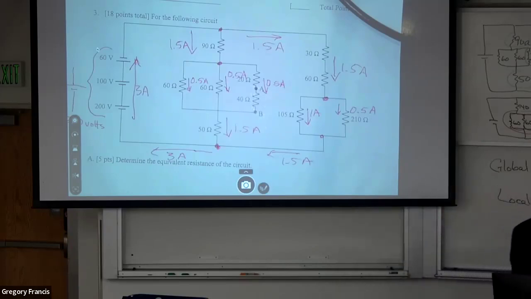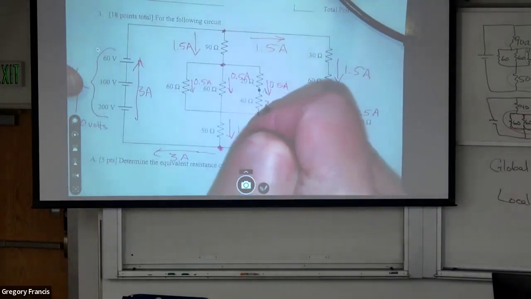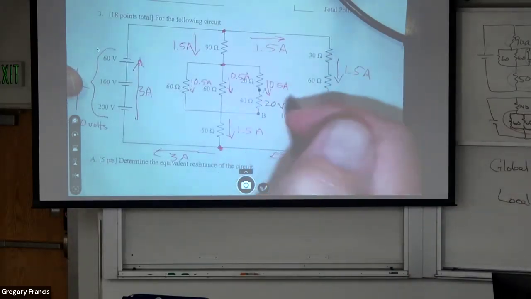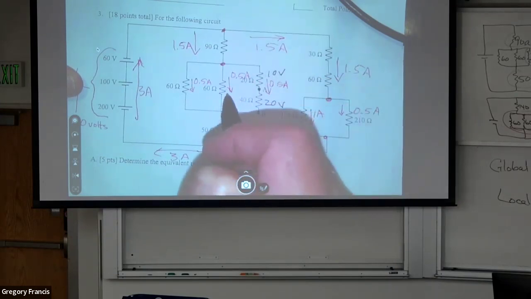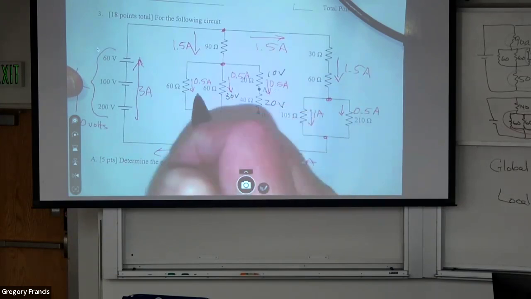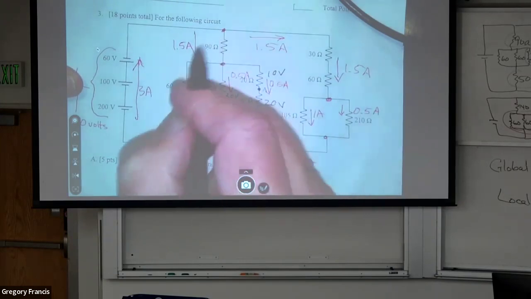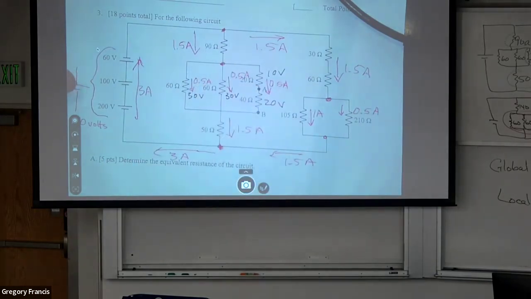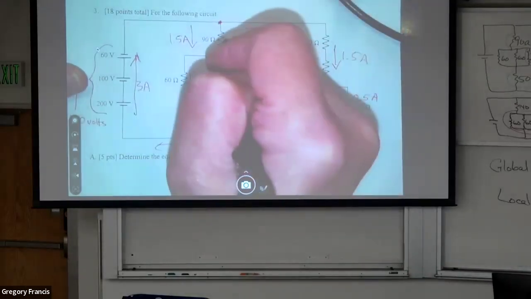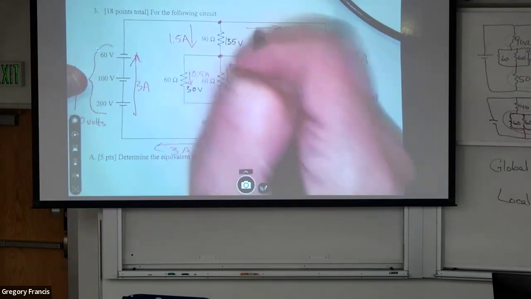Okay, so I'm gonna go in and I'm gonna write that in a different color. I've got 20 volts here. Here I would have 10 volts. Here I would have 30 volts. Here I would have 30 volts. What about here? Across that 90, I would have 1.5 amps times 90 ohms, which would be 135 volts.